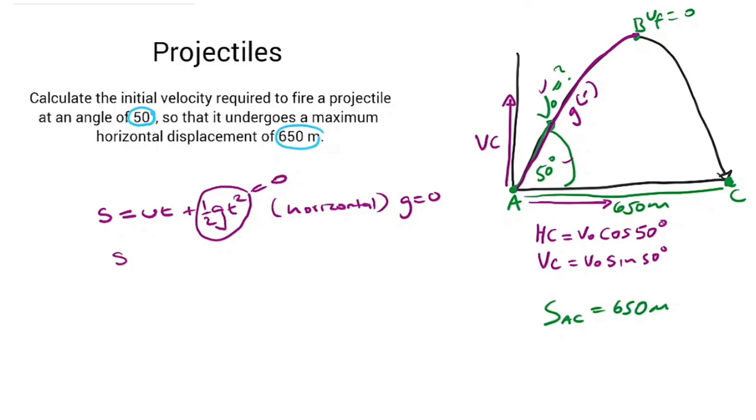That means we are left with s is equal to velocity times time. This s is for this distance.